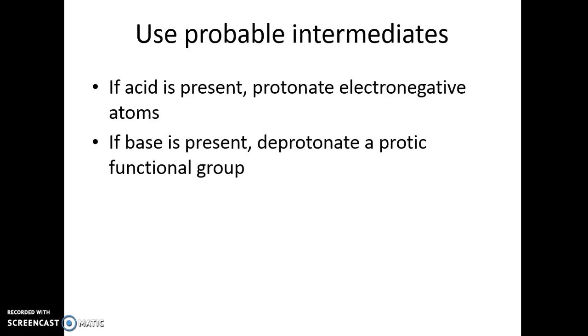If base is present, then most likely a protic functional group is going to be deprotonated, and that's the beginning of your mechanism. Usually acids and bases catalyze reactions, and then you can figure things out based on carbocation formation, anion formation, rearrangements, etc.